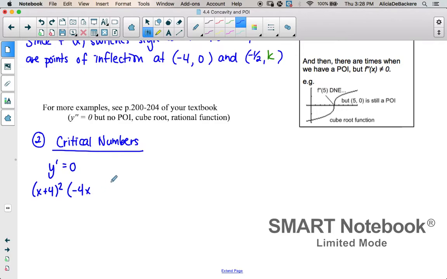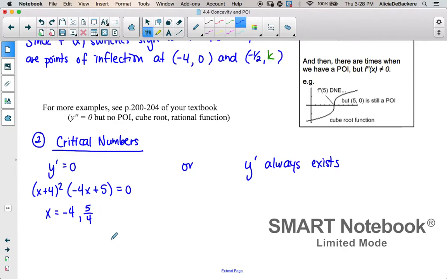Remember this was my first derivative. Or I want to know when does it not exist. Now y prime is a cubic function, which is polynomial, so it always exists. All right, so I can see here that the first derivative is going to equal 0 at -4 or at positive 5/4.